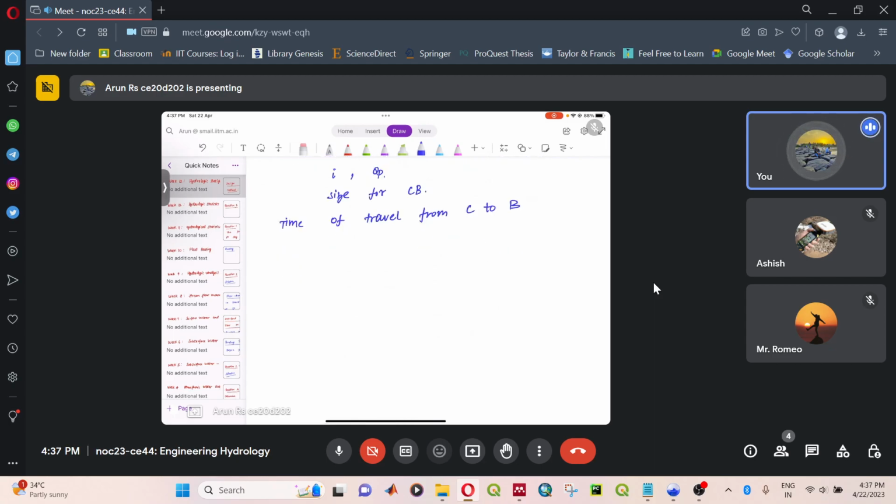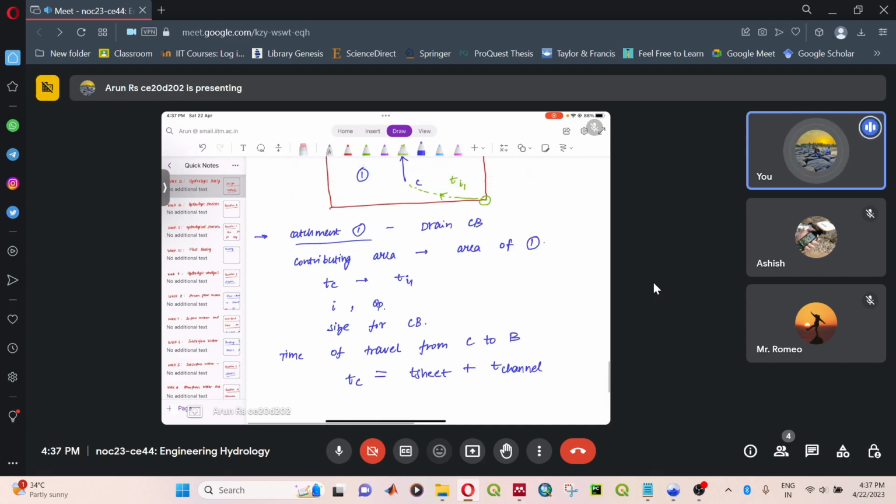So if you remember from the lectures, the time of concentration can be taken as time taken for sheet flow plus time taken for channel flow, and this is what we are essentially utilizing here.